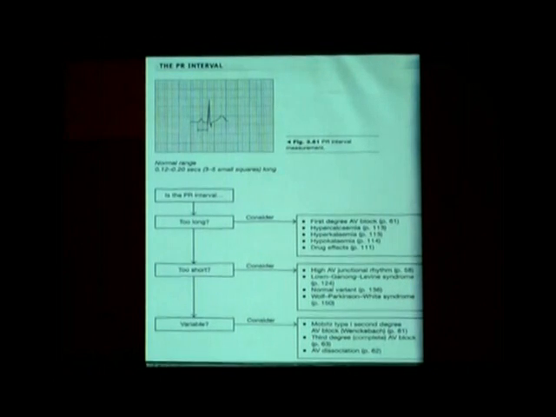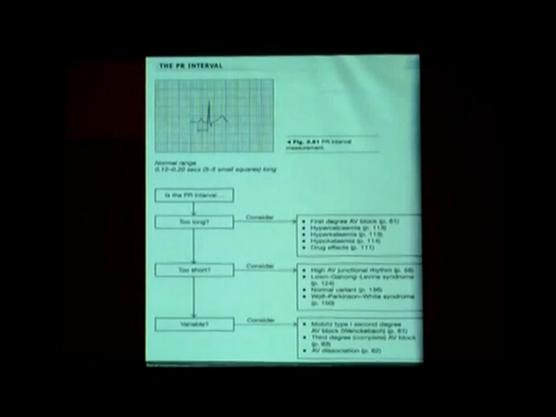The PR interval tells you the time taken from the sinus node to reach the ventricle: the sinus node produces an impulse, it comes out of the atrium, then atrial depolarization, AV nodal delay, then conduction through the bundle of His, then the bundle branches and Purkinje fibers, then ventricular depolarization.